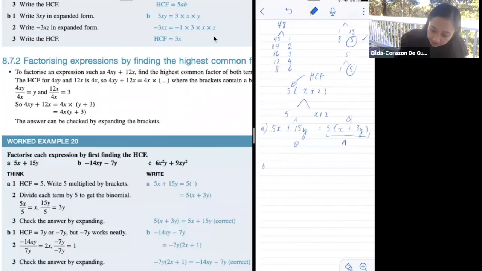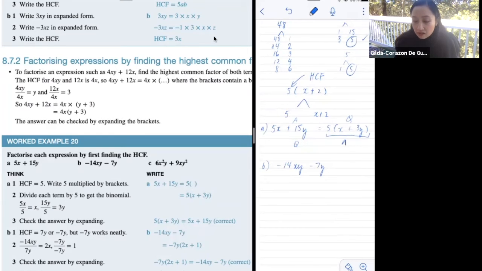How about example B? Now, usually the questions they ask you would be the ones that would have a negative, okay? Because sometimes it's just a bit tricky, right? Because it says highest common factor, and when they tell you you have to factor out the negative, then you'd say, well, but that's not a highest common factor because it's a negative number, right?